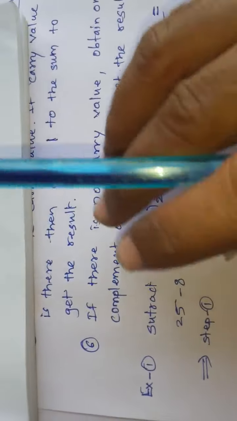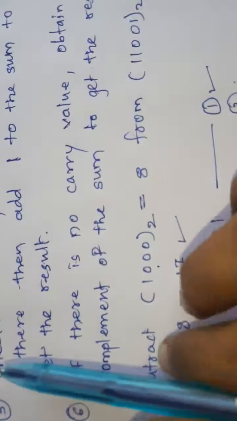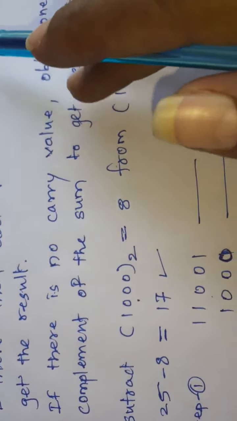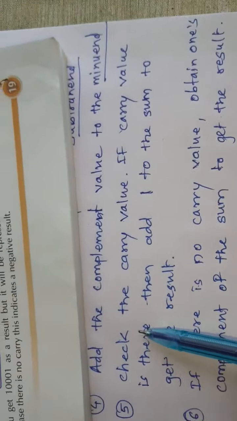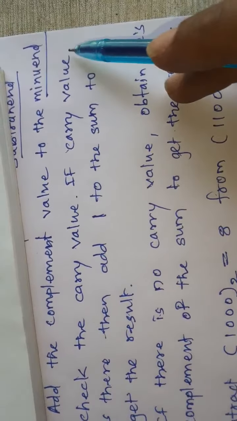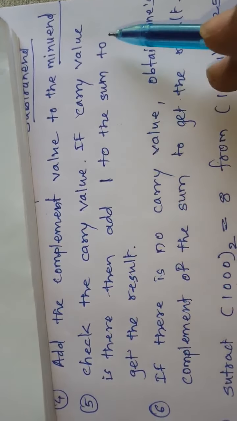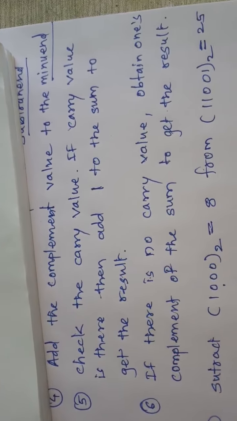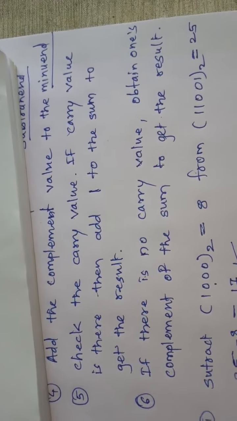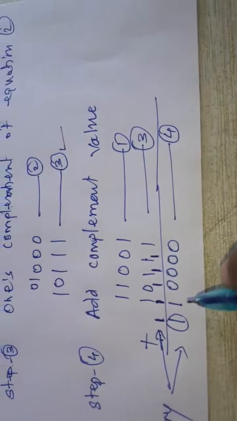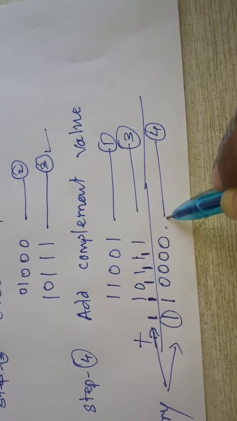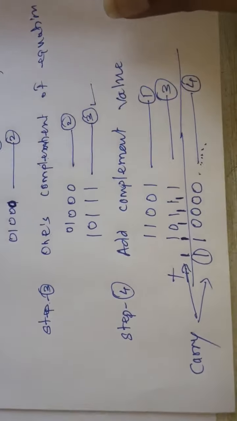So what is our fifth rule? Check the carry value. If the carry value is there, then add 1 to the sum to get the result. So we have to add 1 in equation 4.